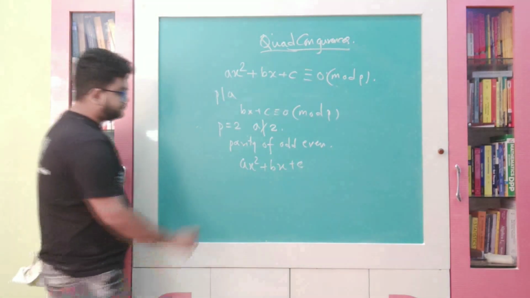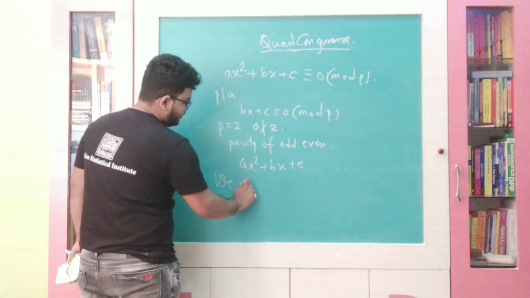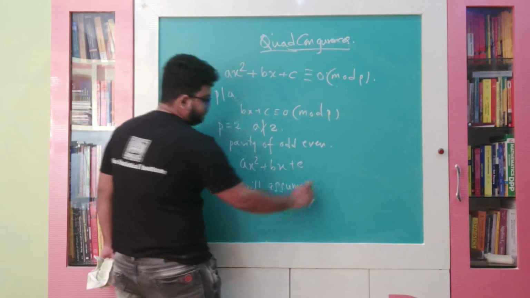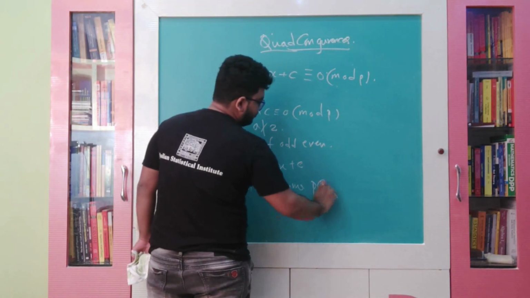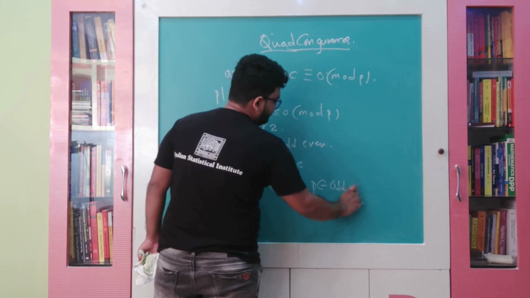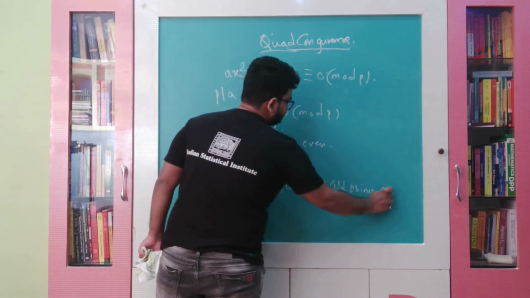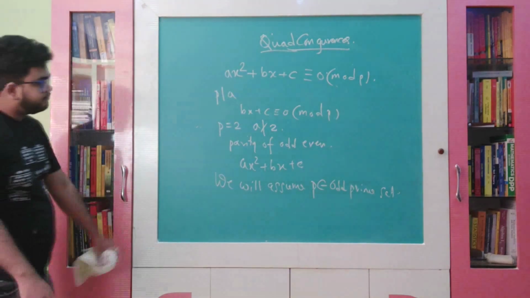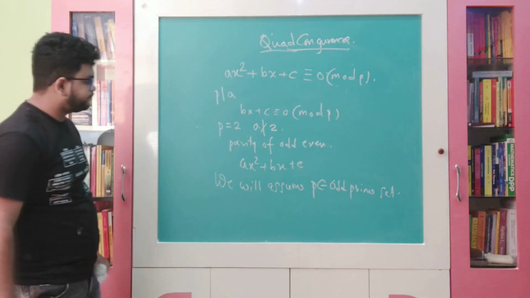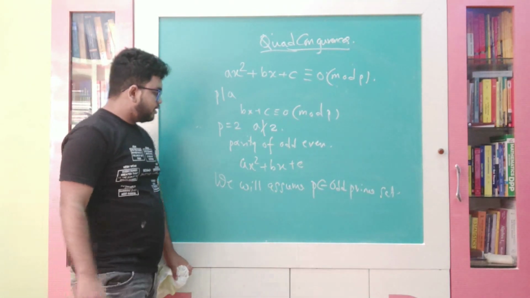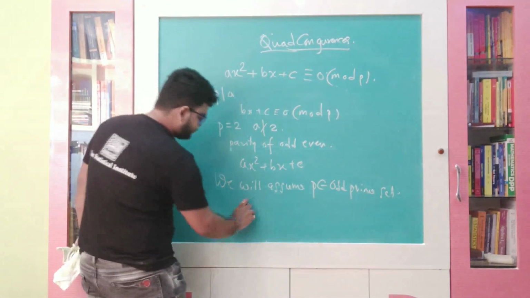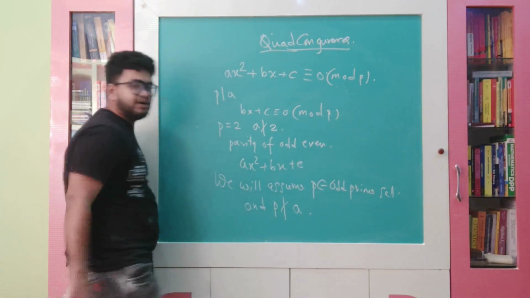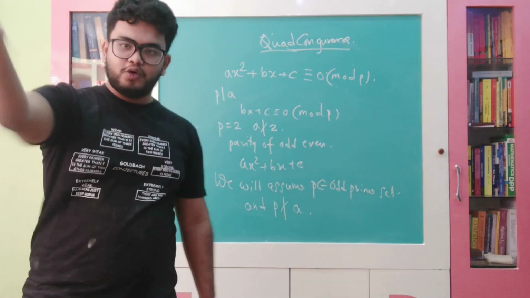So we will assume p belongs to the set of odd primes, and p does not divide a, as we go on in the video.